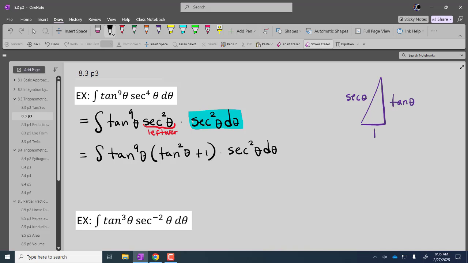If we let u be tangent here, then all the stuff in front of secant squared d theta becomes polynomial. So that's going to be our substitution. We're going to let u be tangent. So then du is going to be secant squared of theta d theta.